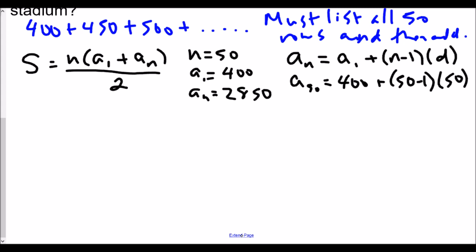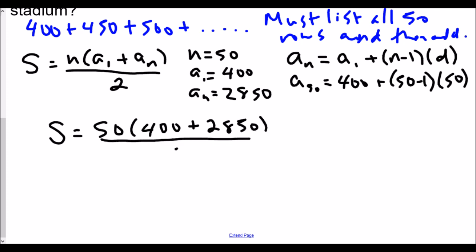Now let's use the sum formula. So our total number of seats will be 50 times 400 plus 2,850, all divided by 2. And again, because we're just filling in the formula, you have to memorize the formula, everybody, both formulas.